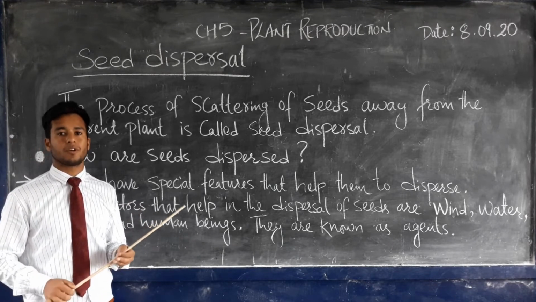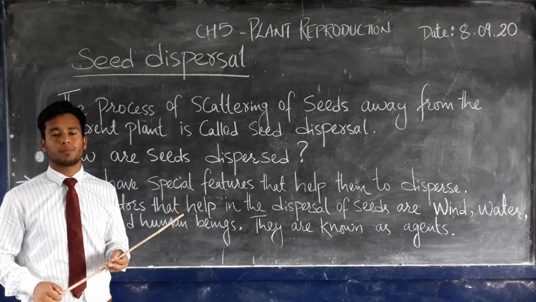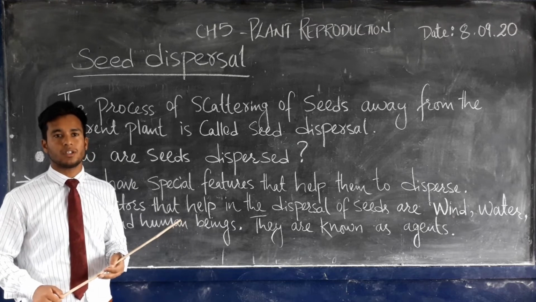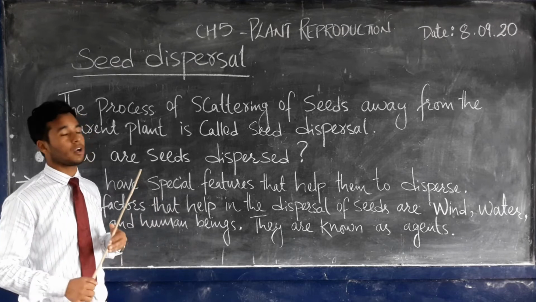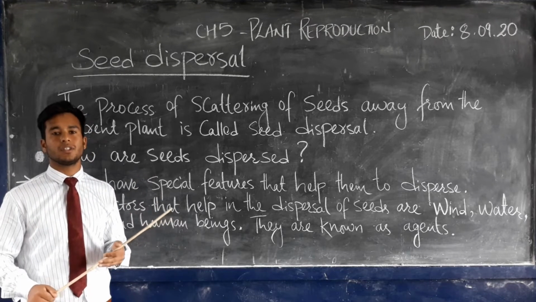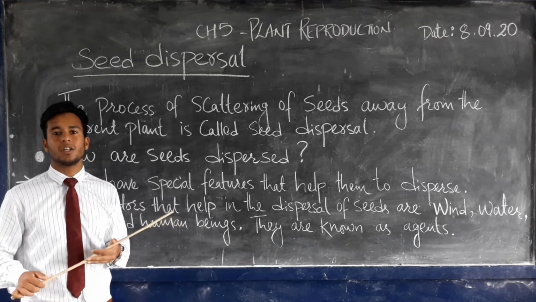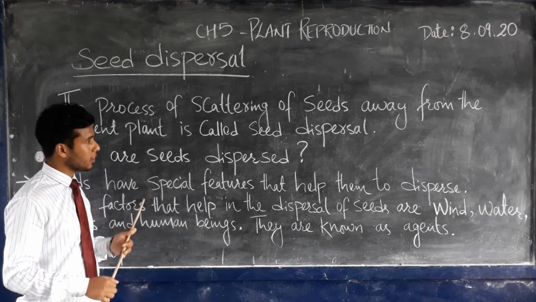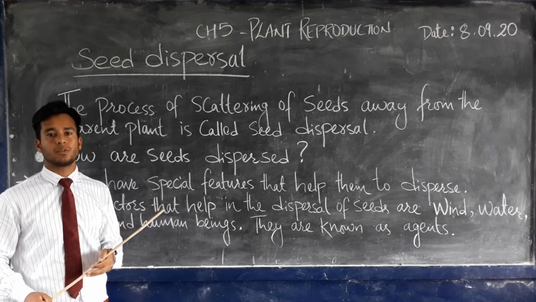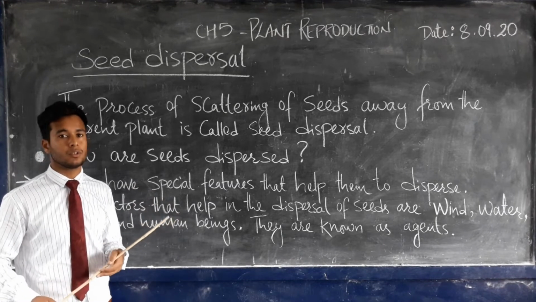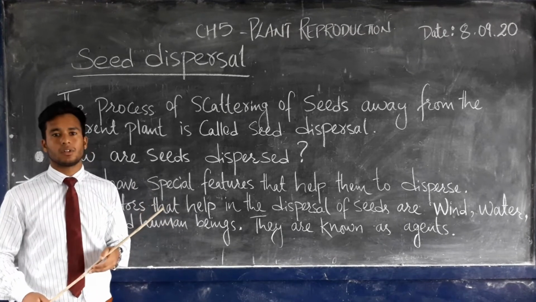They require proper nutrients, proper water and proper air in order to grow. If these important things are not there under a parent plant or in a small area, it will be very difficult for a plant to grow.